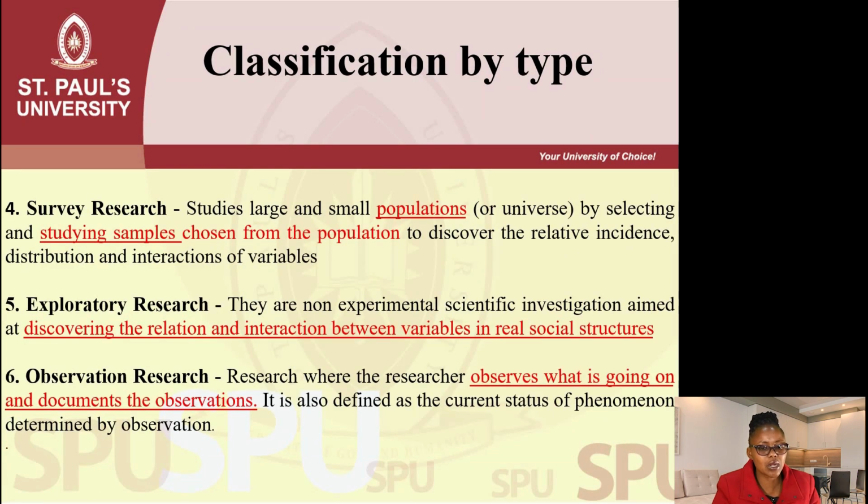And then also classification by type is a survey research, which studies large and small populations by selecting or studying samples chosen from a population to discover the relative incidence, distribution and interactions of variables. So when it comes to a survey research, you're trying to study a population.